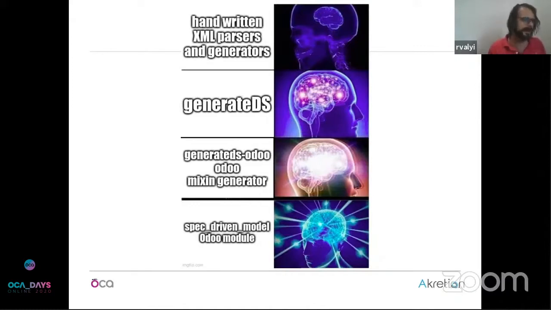The third level is going further than that, and instead of generating only Python data structures, you can generate Odoo model mixins. So at the next level, you will directly generate the Odoo classes and the fields, all directly related to the XML grammar. So it makes many things automated.